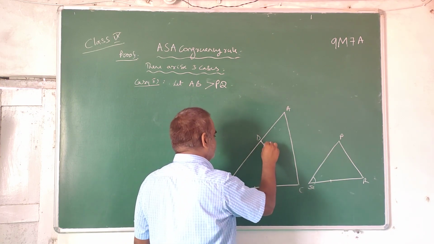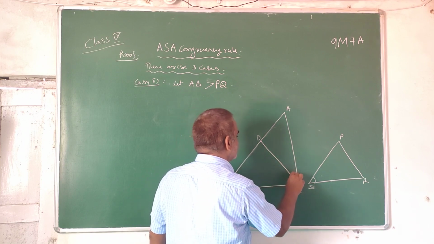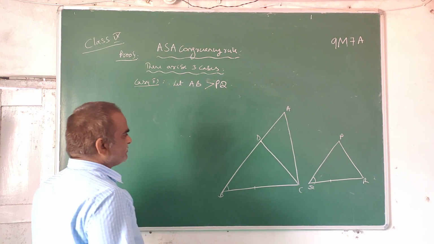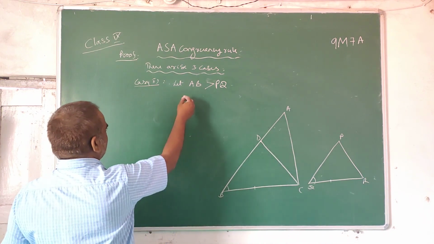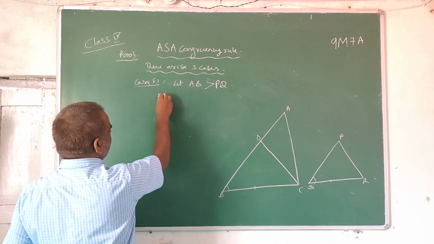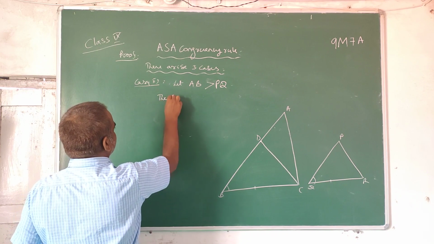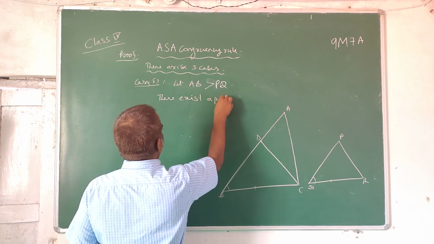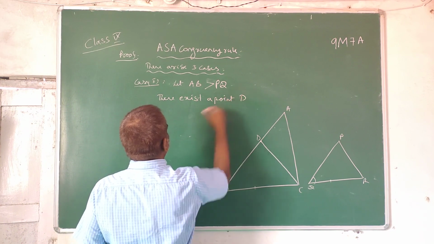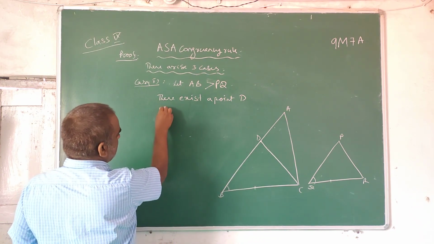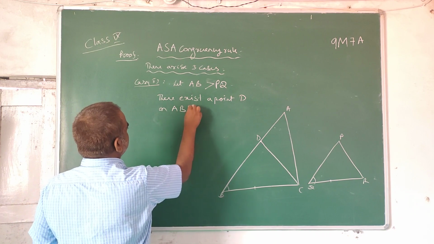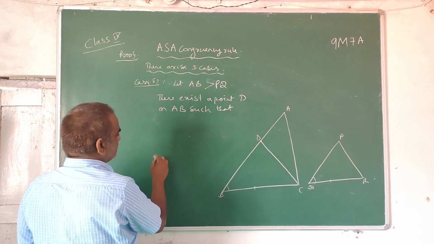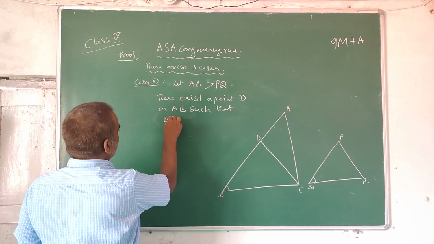This is possible because AB is greater than PQ. So it is obvious. Let AB be greater than PQ. Therefore, there exists a point D on AB such that BD is equal to PQ.